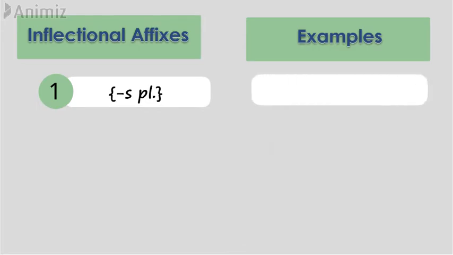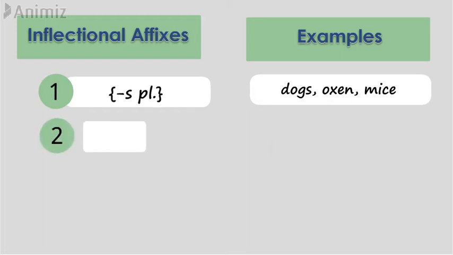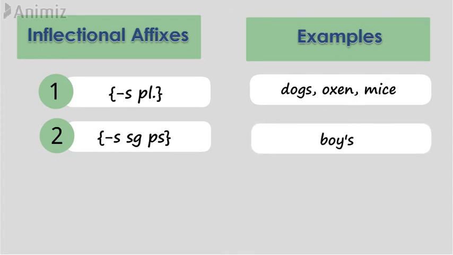There are 9 inflectional suffixes. These are noun plural as in dogs, oxen and mice, noun singular possessive as in boy's, noun plural possessive as in boys' and men's, present third person singular as in vacates.